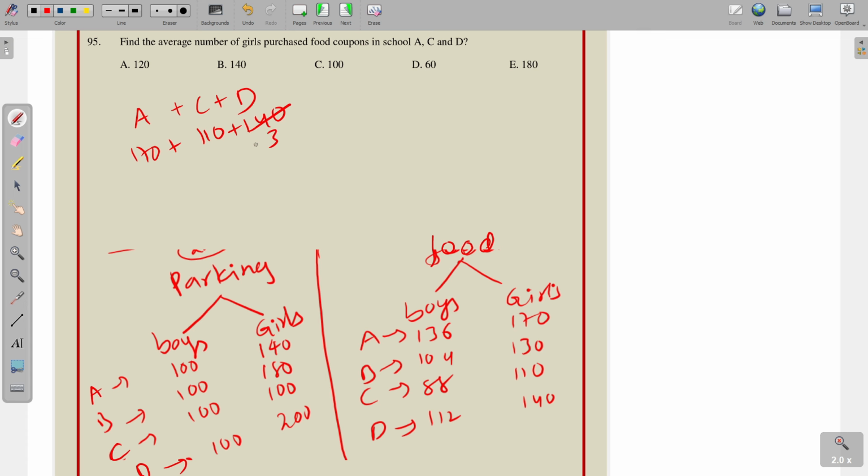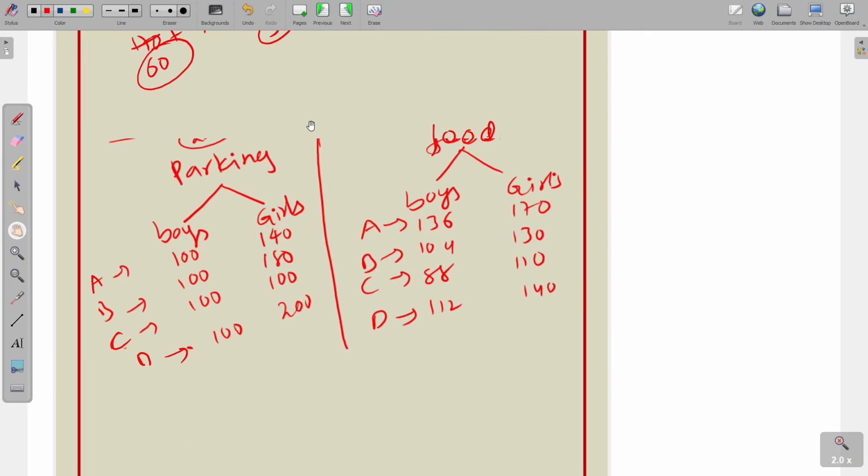If it is 110, extra 30, extra 60, means total 110 plus extra value is 90 for these three, that is 110 plus 30. How much is it? 140. For this question it is 140.